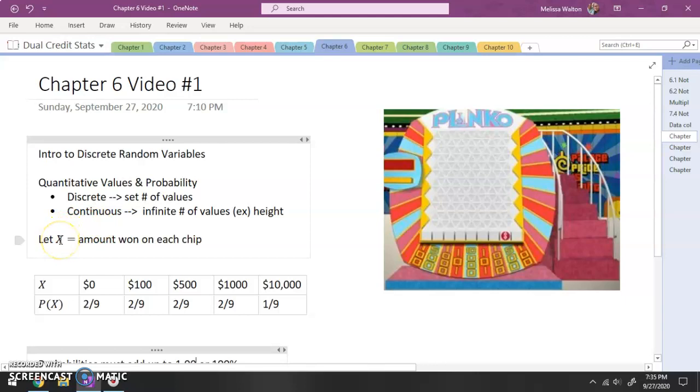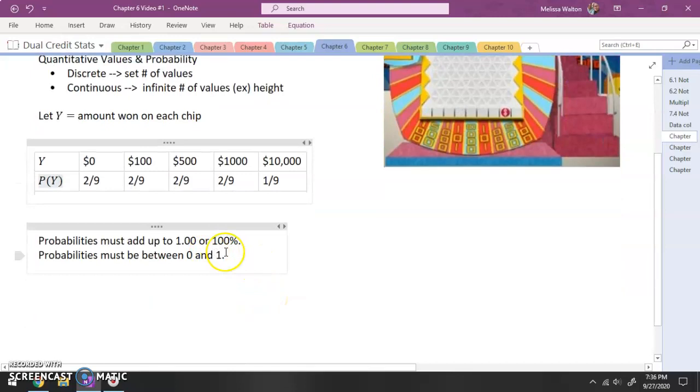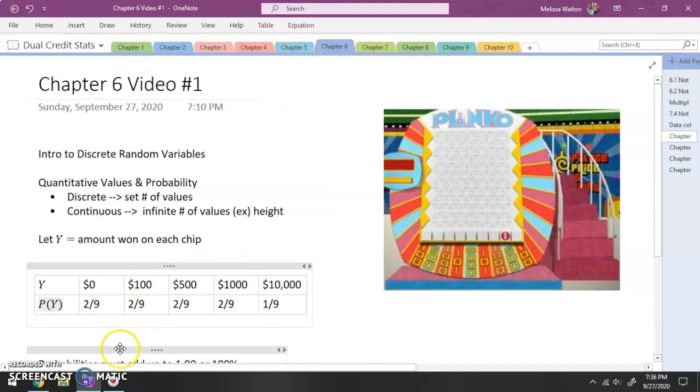I typically use X. We could very easily have changed that to a Y if we wanted to. There's really no rhyme or reason to the name. It's just a name. We have each of the distinct values, and then all of these do have to add up to 100%. So that is it for our intro to discrete random variables.